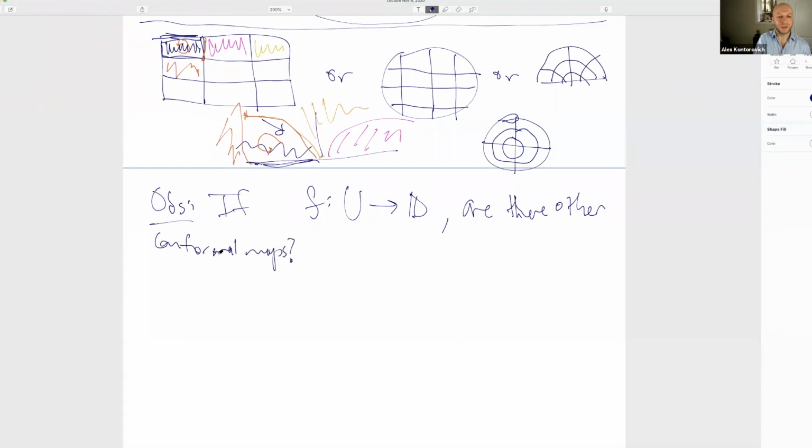How unique is it? Well, if F1 is another one, then if I take F1 inverse, that goes from the disk back to U, and I compose that with F, that's a map from the disk to the disk.